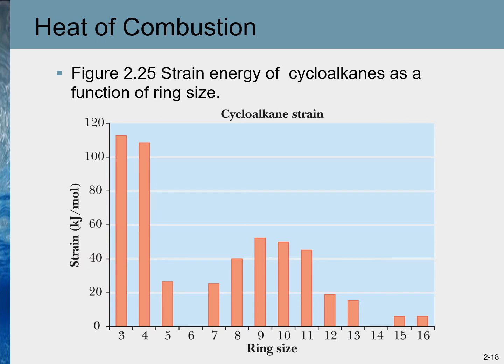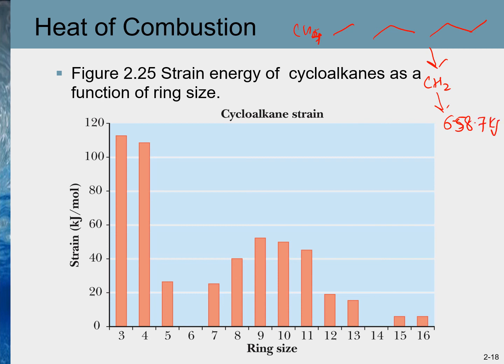It has been determined by measurement of heat of combustions of a series of unbranched alkanes, for example, methane and then ethane, propane, butane, and so on. So when we measure the heat of combustion and analyze the results, we found that for each CH2 group present in a molecule, the molecule will release 658.7 kilojoules of energy.